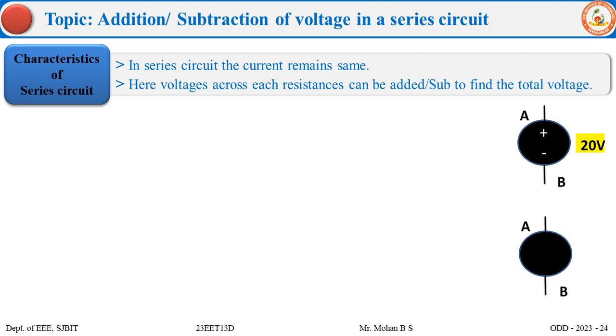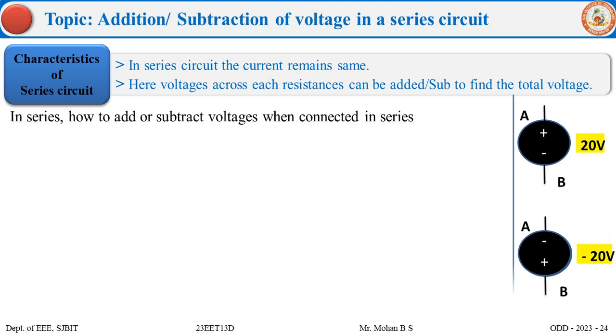So for 20, A is positive and B is negative, and for minus 20, A is negative and B is positive. As these are vector quantities, any change in direction or magnitude, the other would be affected. Any change in direction, the magnitude would change. Any change in magnitude, the direction would change. So let us see how we add or subtract.